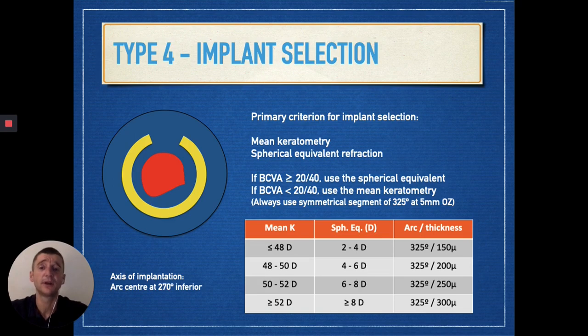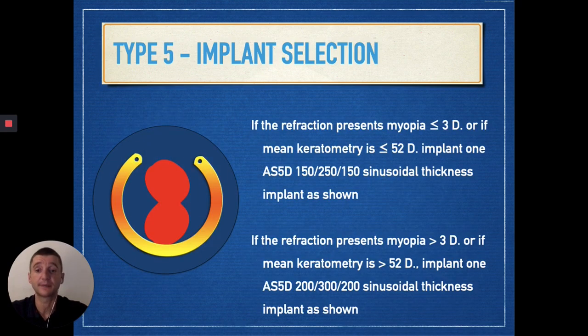For the type 4, just to call attention, we usually agree, so we're not going to go into that, but it's the regular long arc segments, the regular ones, no asymmetrical thickness along the arc.